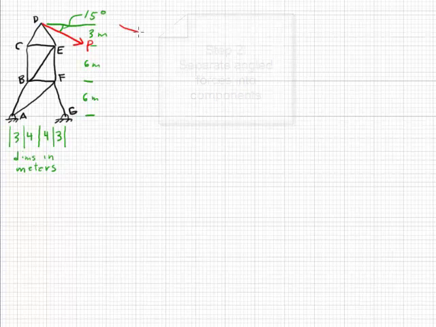So here's P, and it has horizontal and vertical components. Call them Px and Py. If we take all angles with respect to the positive x-axis, this angle of 15 degrees actually becomes negative 15 degrees.